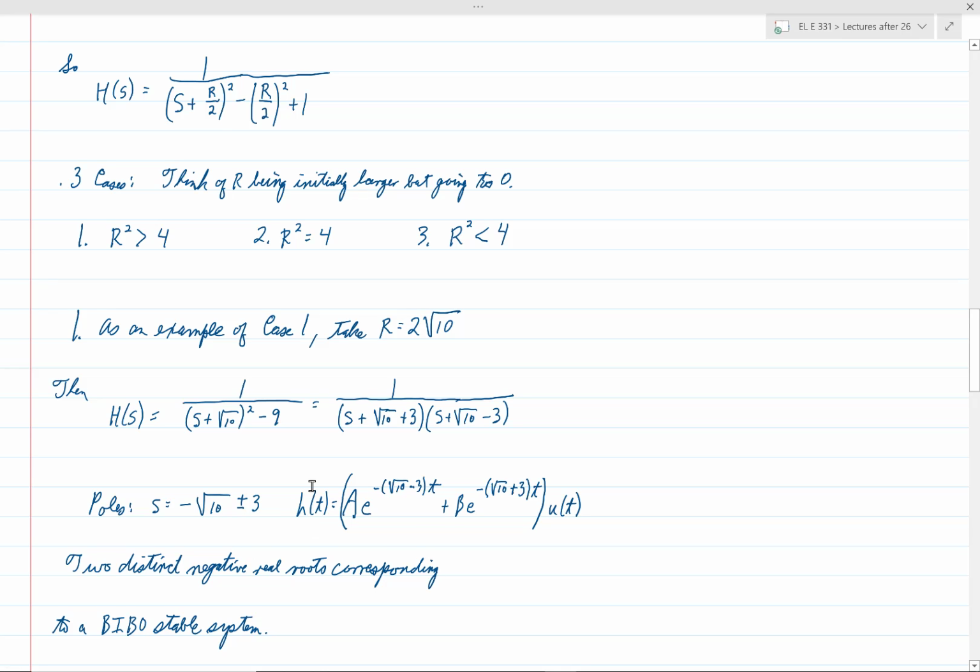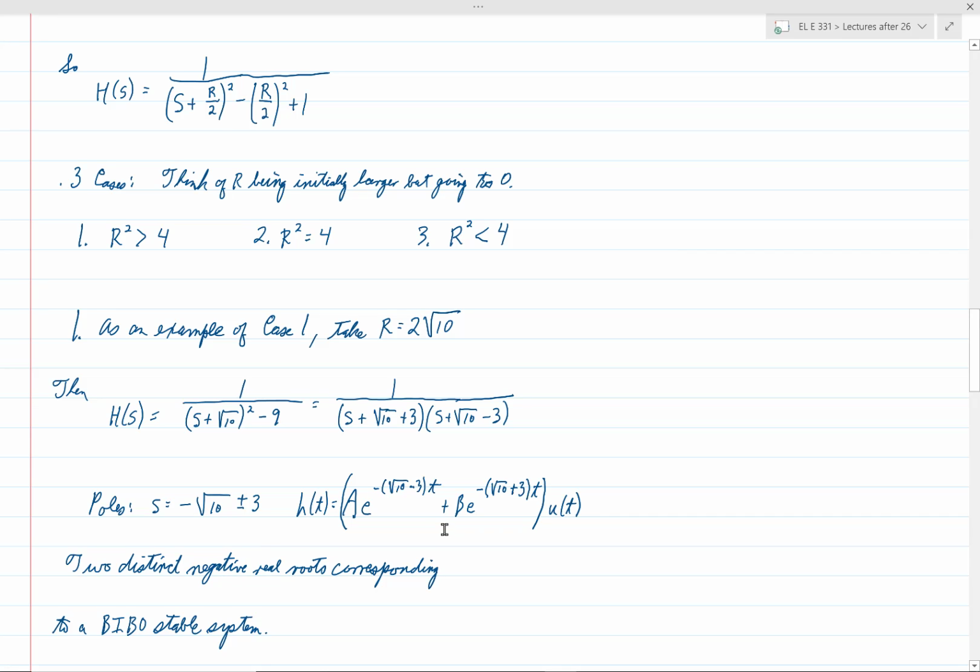And h of t, the corresponding impulse response, would be A times e to the minus (square root of 10 minus 3)t plus B e to the minus (square root of 10 plus 3)t, u of t. And the important thing here to note is that we have 2 distinct roots, and both of them are real roots, and both of them are negative.